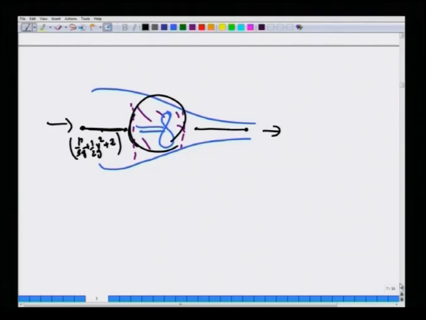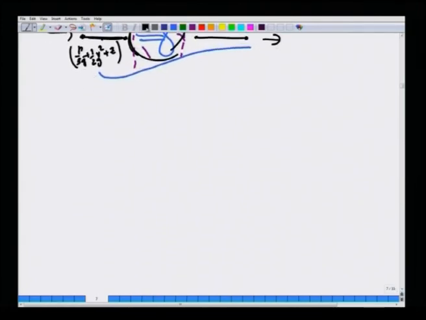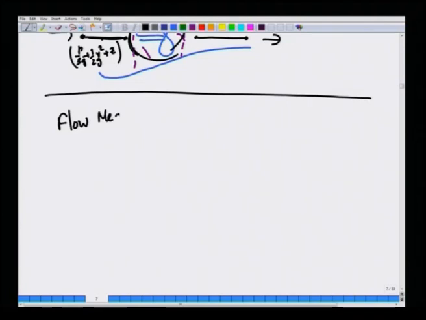Now, we have to apply this integral energy balance to some specific context. The context which I am going to discuss first is flow measurement. The question that we are going to ask is, in an industrial setting where you have complex networks of pipelines that are going here and there, how can you measure the flow inline?